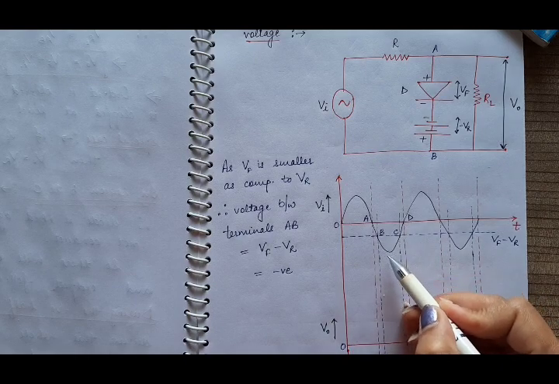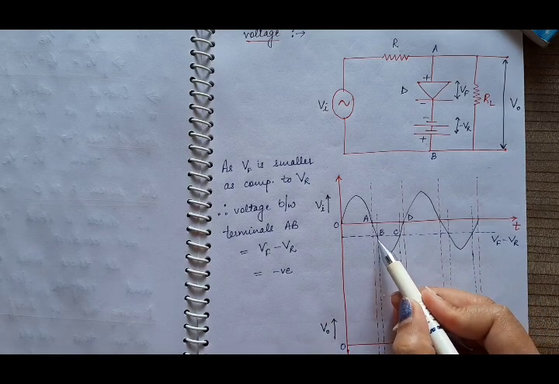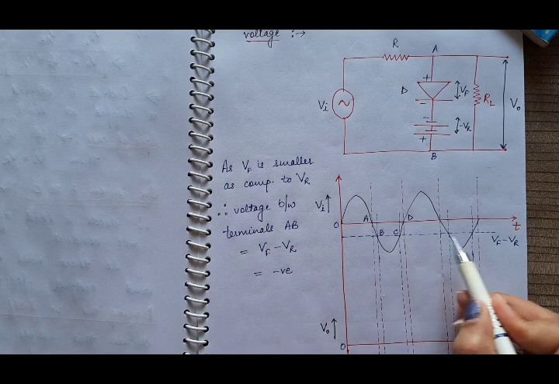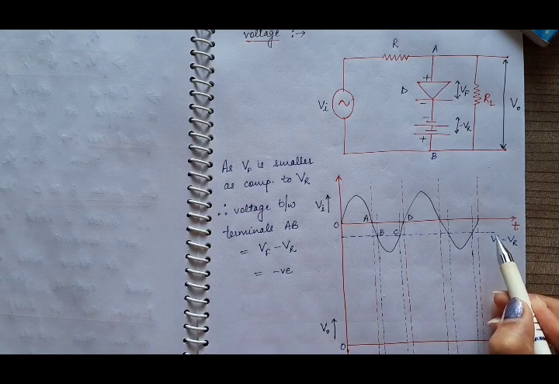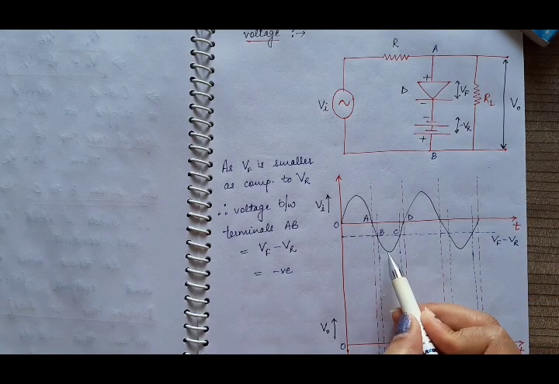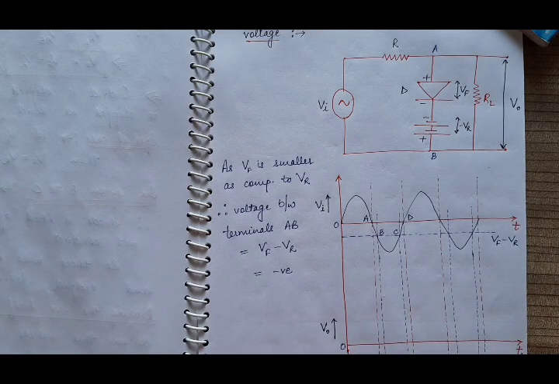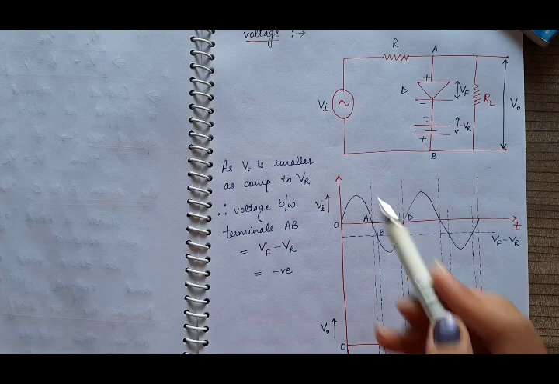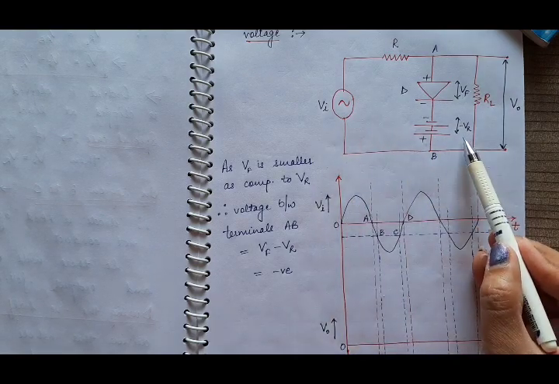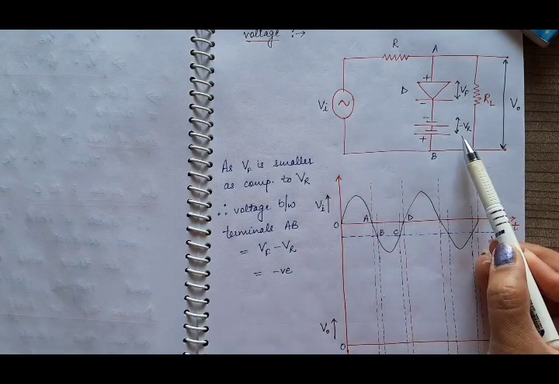Then we will see region B to C. In region BC, you can clearly see that our Vi has crossed the Vf minus Vr level. It means now Vi is more negative than Vf minus Vr, so Vi will dominate over Vr.